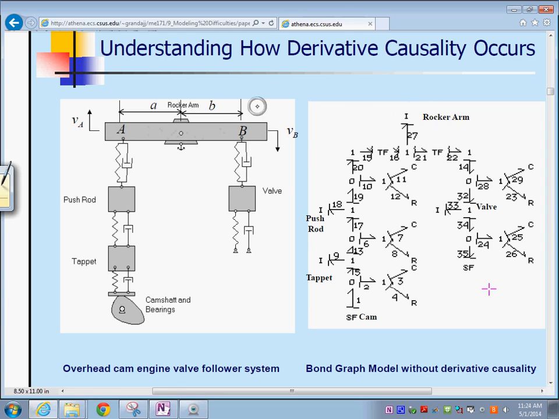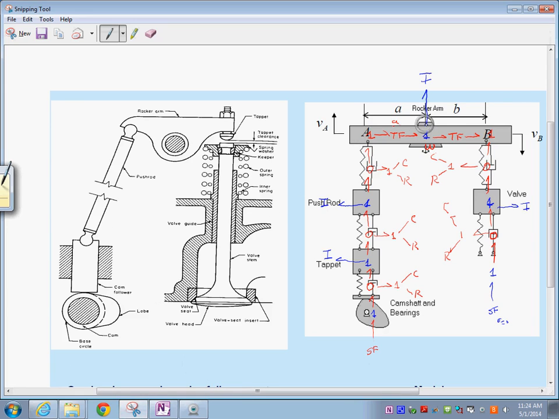So this I element, in fact, models the entire bar in here. Yeah, this I element models this entire rocker arm, this entire bar like that.